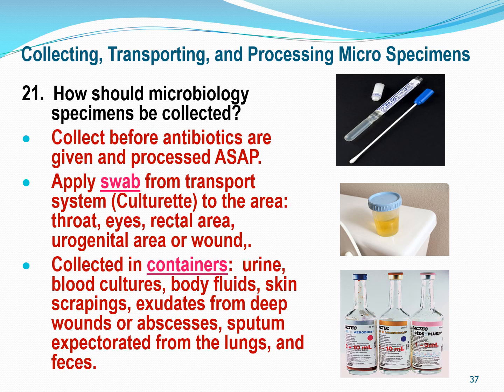Once it's collected and put into the containers, things like urine, blood cultures, body fluids, skin scrapings, all of these things are things that you will collect and then put them into the appropriate collection container. We know that blood cultures can be drawn in multiple different sizes and shapes of blood culture bottles.